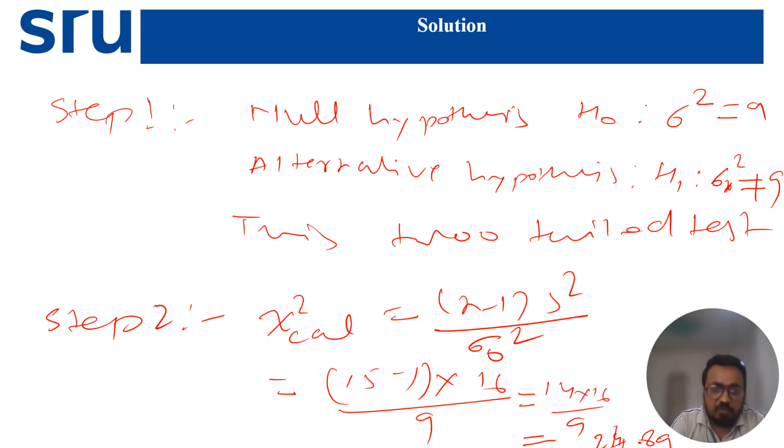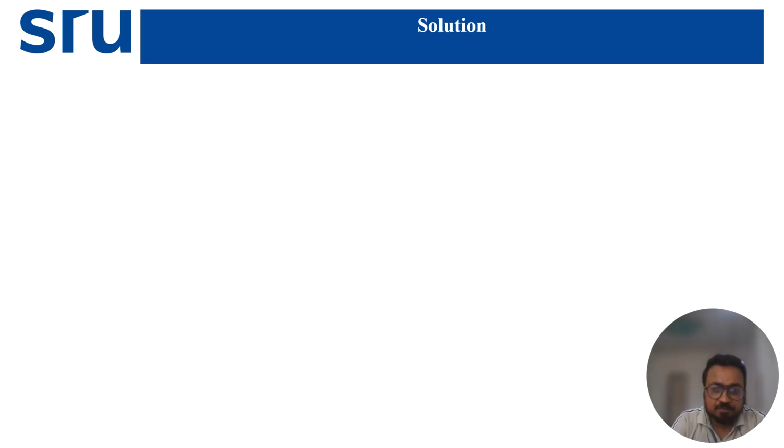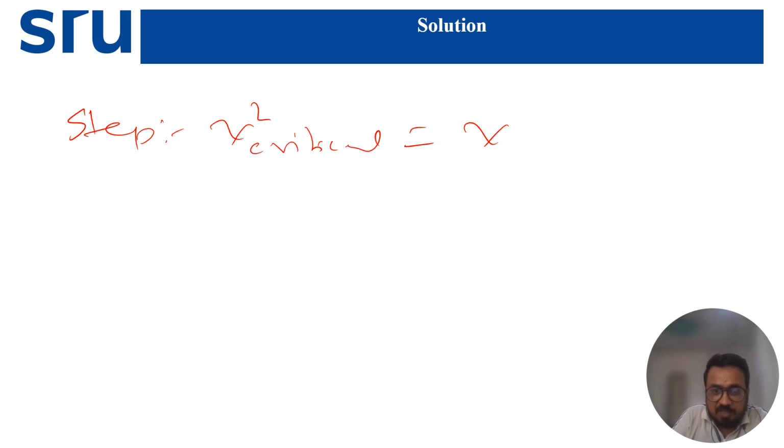Now in step 3 we will find the critical value. The chi-square critical value will be, since this is a two-tailed test, chi-square alpha by 2, n minus 1. Here alpha is 1%.